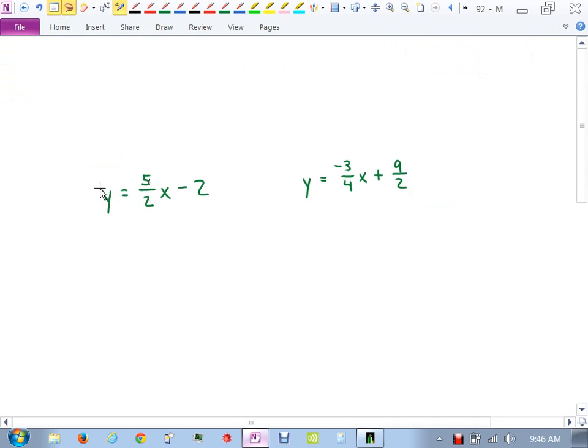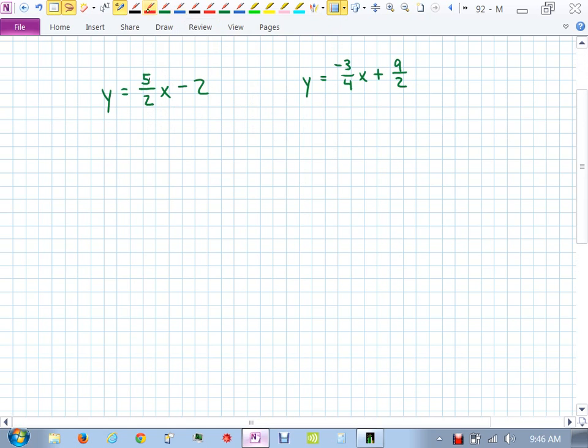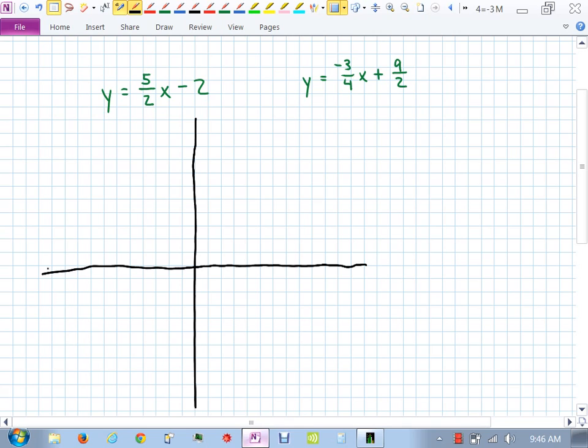All right, so now what we need to do is graph these. So I'm going to cheat here a little bit and try and graph these. Let me do my first line. I have a y-intercept of negative 2. I'll do this one in red.